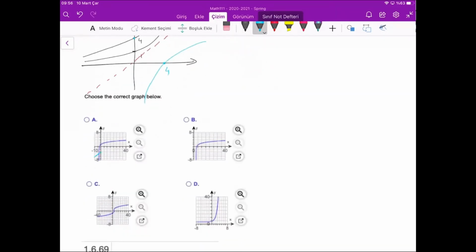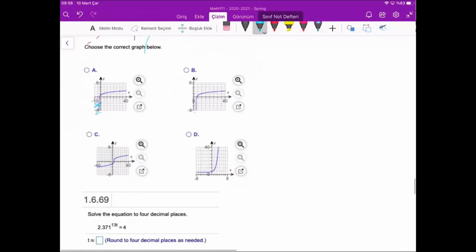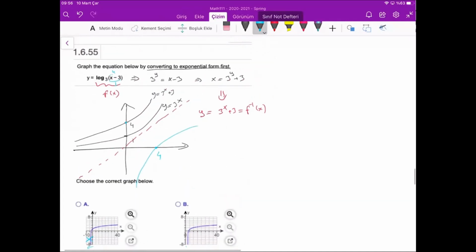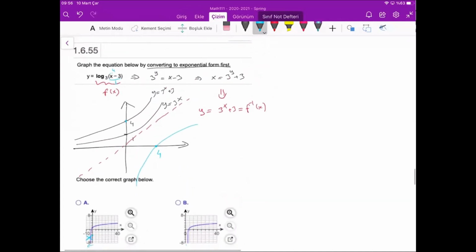So this is not correct. It is on the left side of the y-axis. It seems correct, it is similar to our graph, but it is not correct. Our shape does not look like this one. Also, this is not in the domain. X should be positive. Actually, x minus 3 should be positive here.